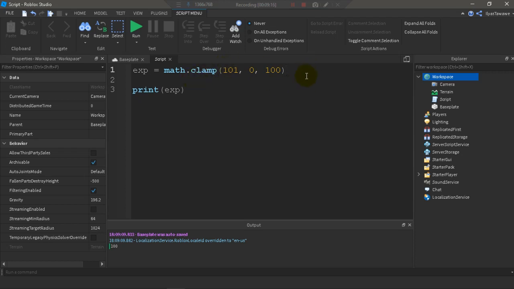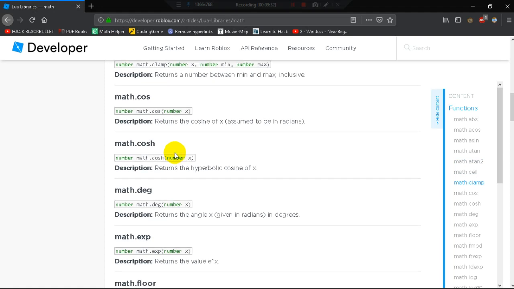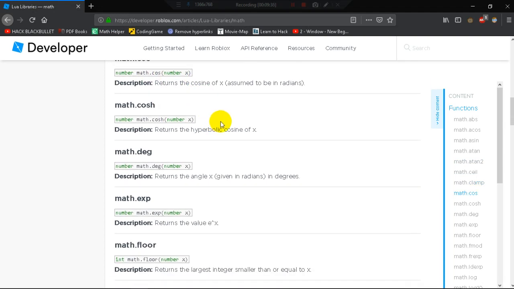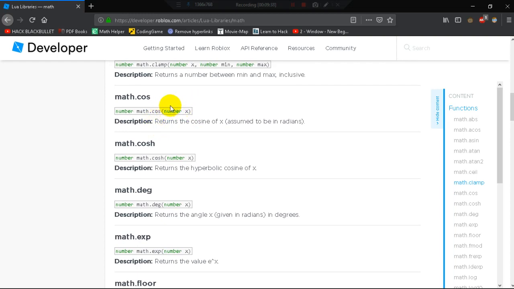So this is for limiting the x value, the first parameter, between the minimum value and the maximum value. So cool, now we've got this math.clamp.